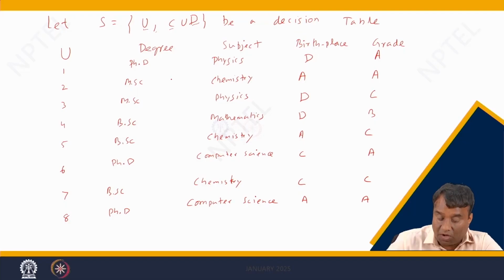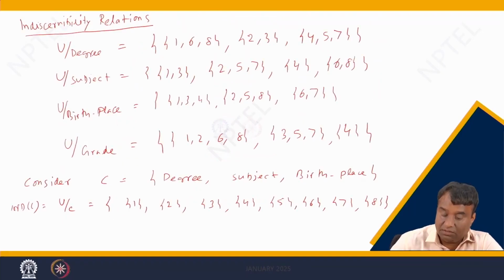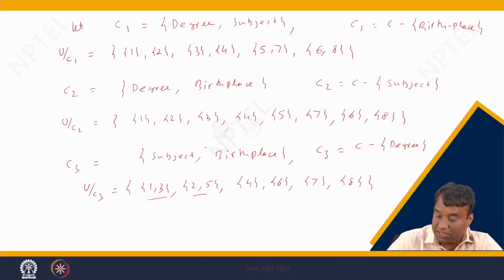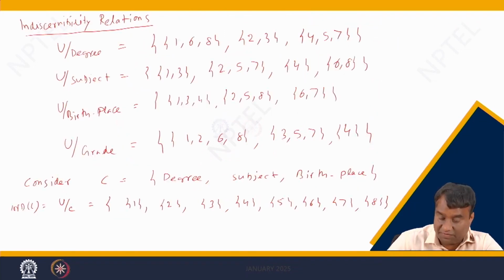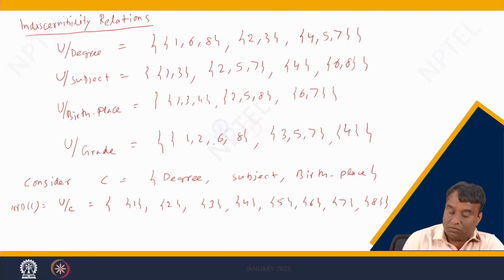So subject is: 1, 3 for physics, chemistry is 2, 5, 7, then computer science 6, 8, then math 4. Same thing for U by grade: grade A is 1, 2, 6, 8, grade B is 4, and grade C is 3, 5, 7.